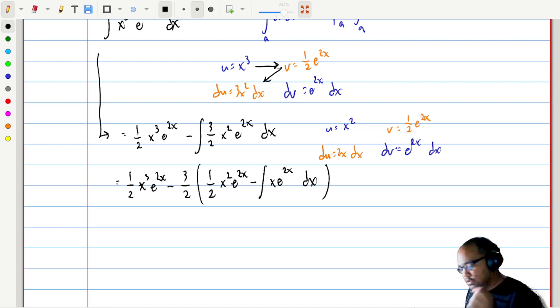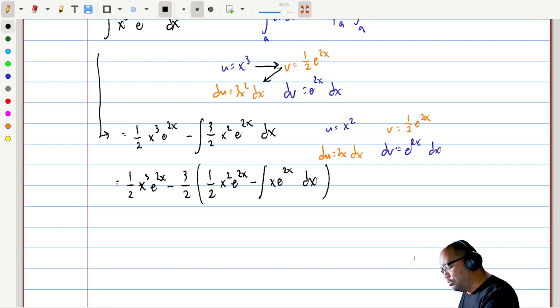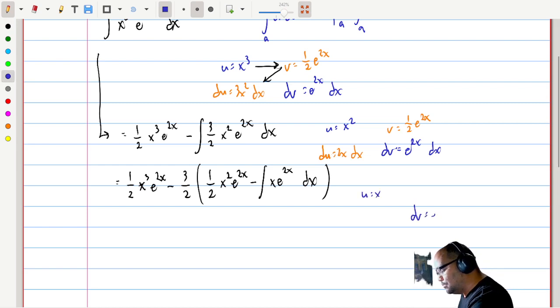Okay. And then for this last one, we'll make similar choices here. You notice there's a pattern here, but this is basically the gist of integration by parts if you do it the classical way.